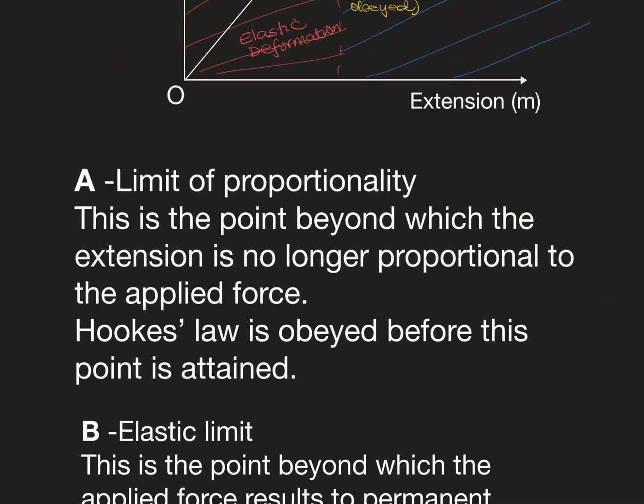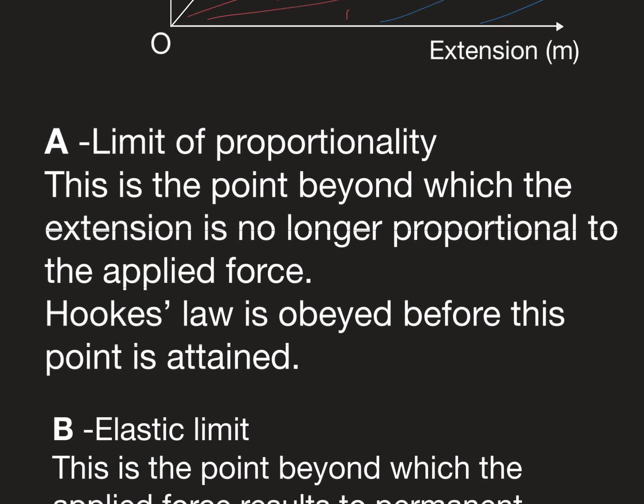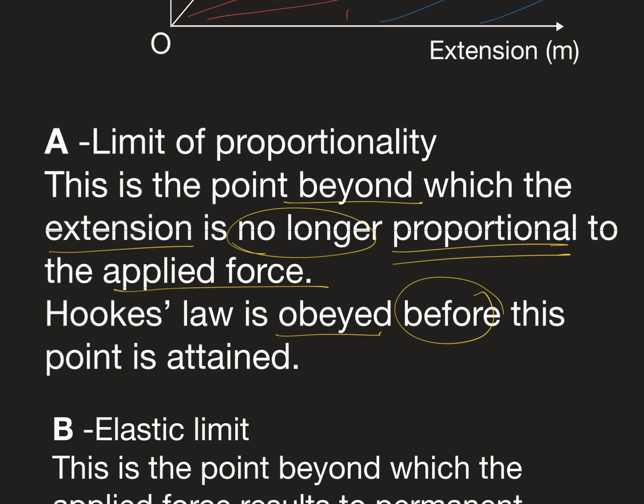The definitions are stated here once again. We can quickly read them because we have already made the explanation. The limit of proportionality is the point beyond which the extension is no longer proportional to the applied force. So Hooke's law is obeyed before this point is attained.